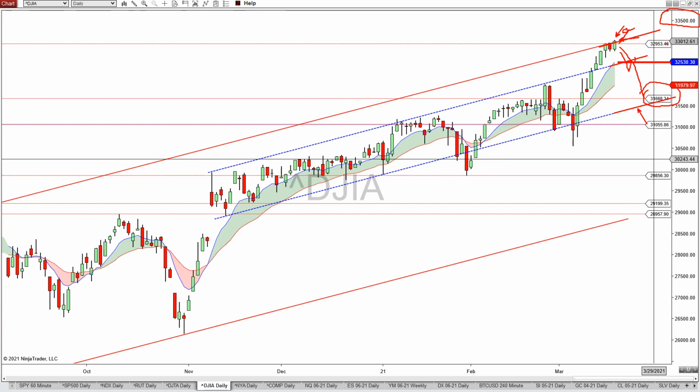On the upside, possibly trying to make it toward the 33,500, not necessarily getting there in the next day or two. But on the downside, I'll be looking at the possibility of this 32,530 and then this somewhere around this 31,500, 31,600 area.